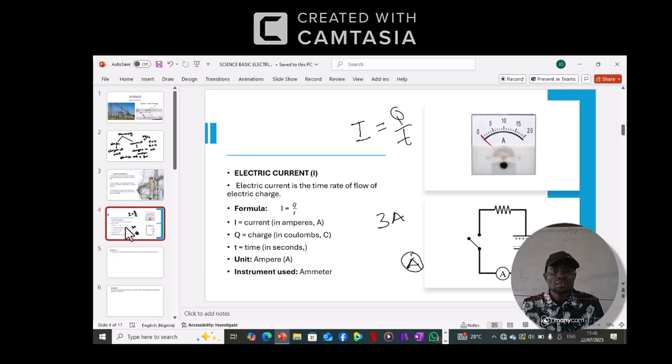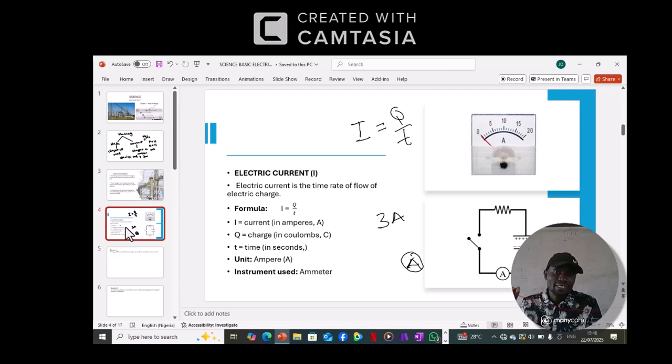For instance, if in 1 minute 10 coulombs of electric charge flows per minute, then at another instance, 20 coulombs of electric charge flows per second.